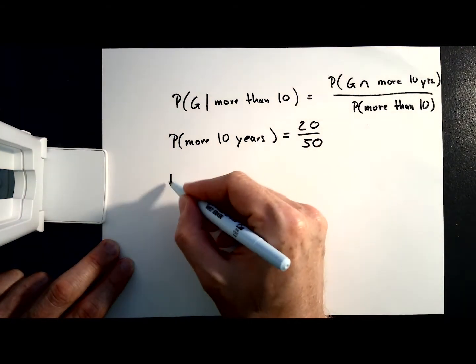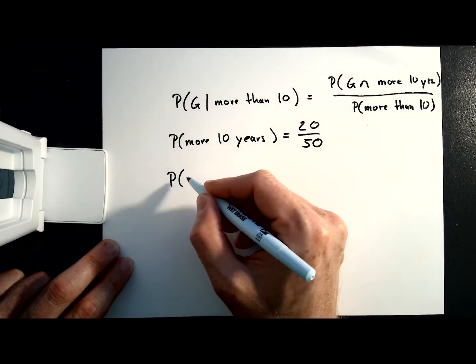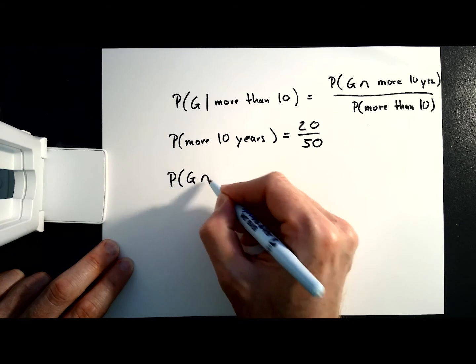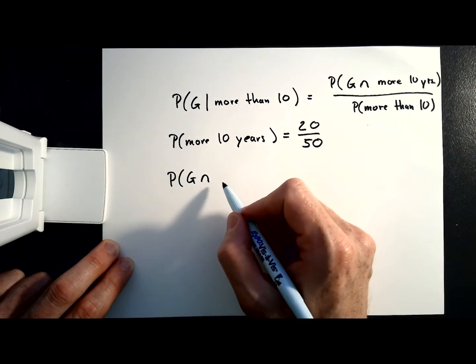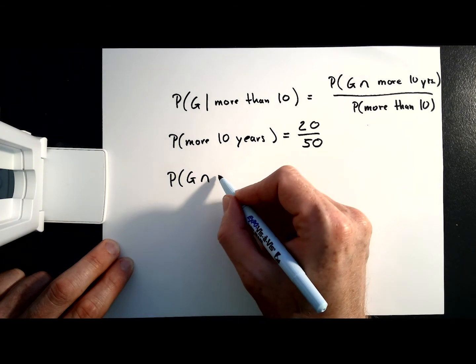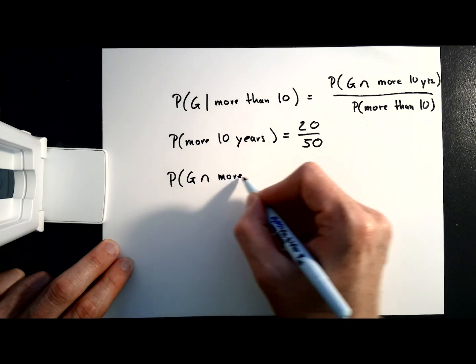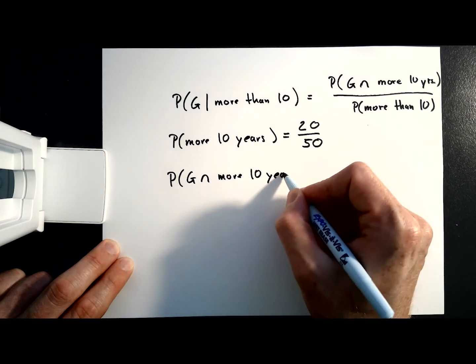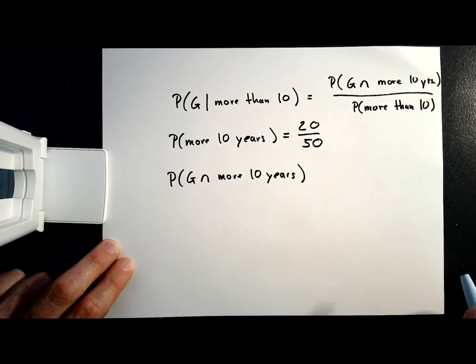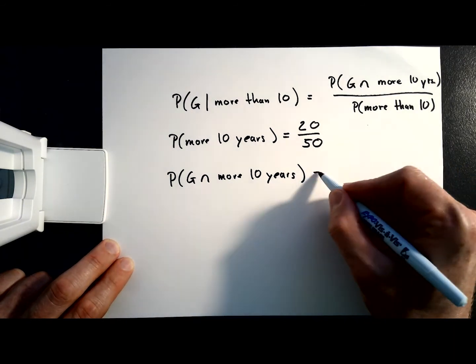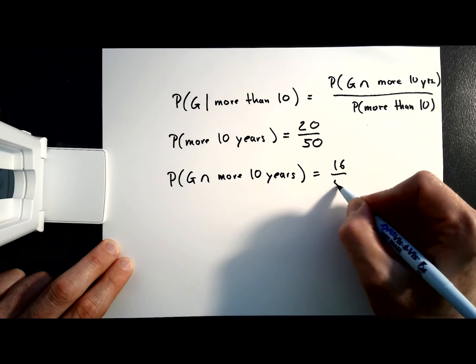And the probability of getting a good plumber and who has been in business for more than 10 years, that probability is equal to 16 over 50.